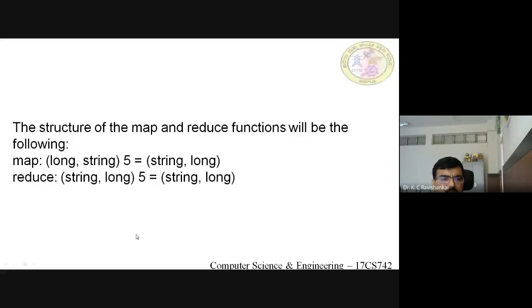For example, the structure of the map and reduce functions will be: map takes a long and a string and produces a string and a long; reduce takes a string and a long and produces a string and a long. There is a need to correct this, it is not a 5, it is an arrow mark. It should be corrected. We will see that.